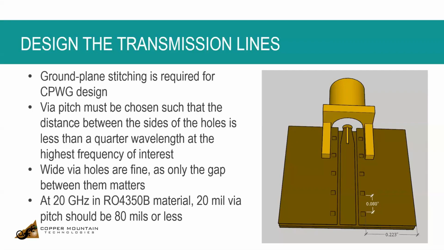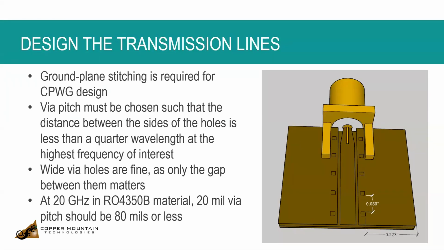Choose a via pitch so that the sides of the holes are less than a quarter wavelength at the highest frequency of interest, and in fact, much less than that if you can. I mean, you really want those to be maybe a tenth of a wavelength from the side of the hole to the next side of the hole.